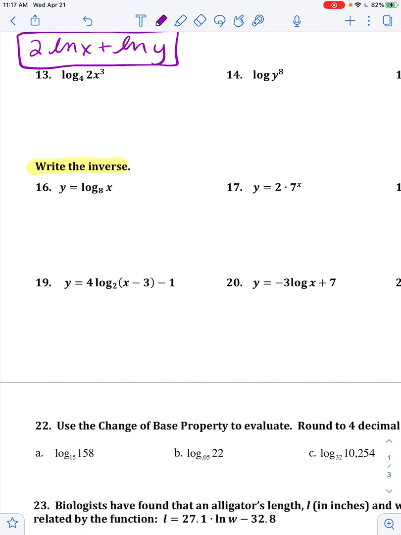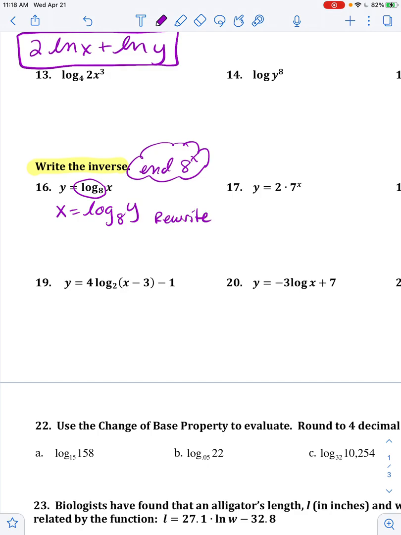For inverse, I have to think, okay, this is a log base 8. I should end with an 8 to a power. I'm kind of thinking about that. I switch out my x and y. And now in this case, I don't have any algebra to do. I just have to change it because you always have to rewrite these as a part of your process.